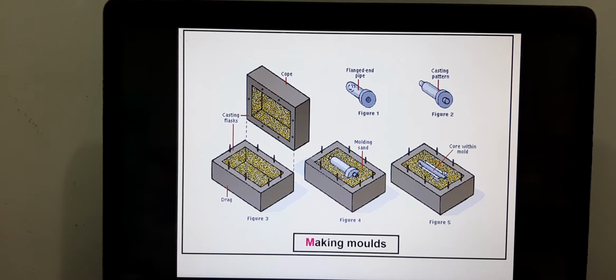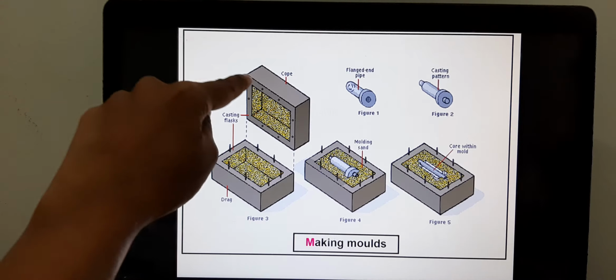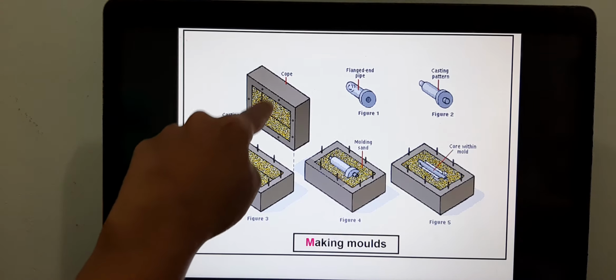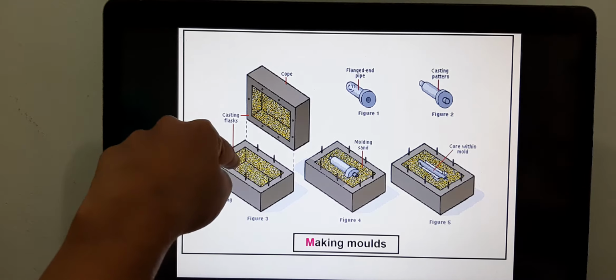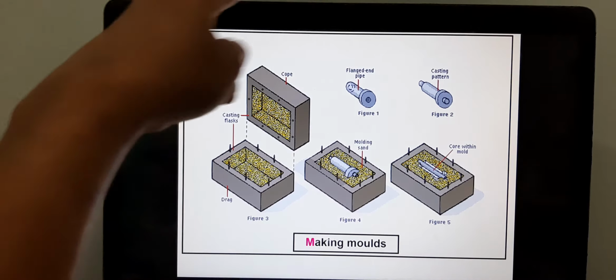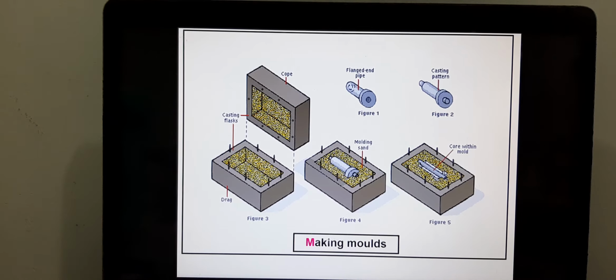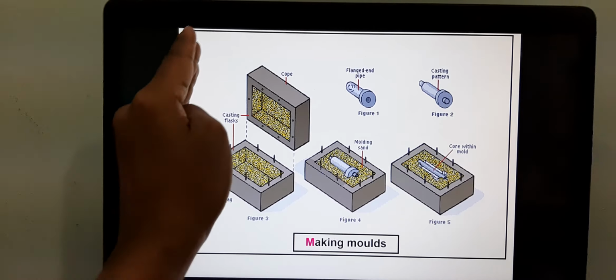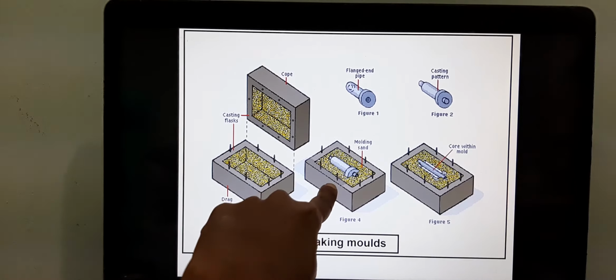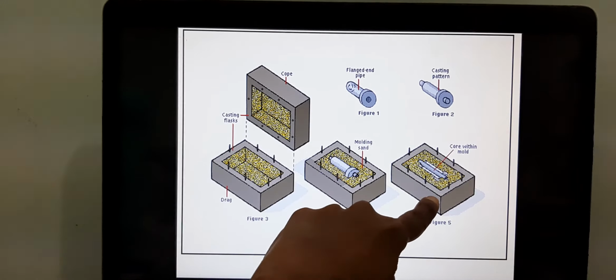So this is typically a mold. We'll talk about it in a more detailed manner, but for your knowledge, there are two halves to the mold. You have the cope half and the drag half. Typically, this construction is called a removable pattern, because in this construction, you construct the cope separately and the drag separately.